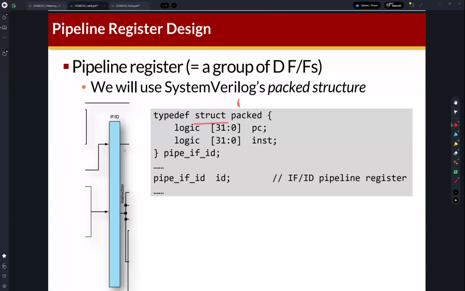If you see this type, I just name this structure type pipe_if_id. So what does that mean? It is the data type for the instruction fetch/ID pipeline register, right?